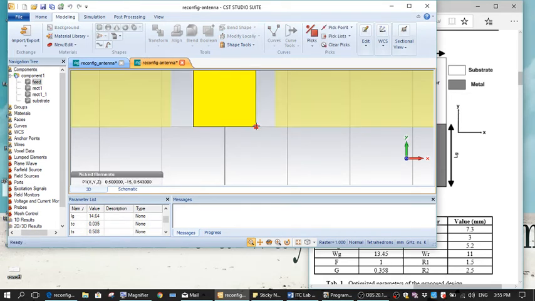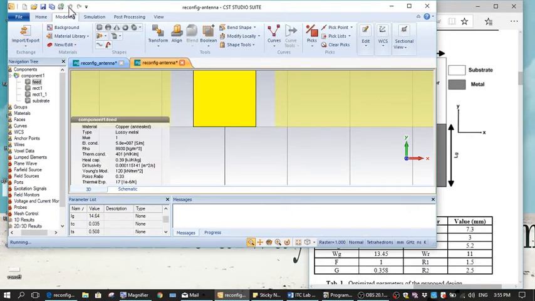Select this point, press P, select this point. 0.3. So the difference of 0.5 is apparent. Well, I think this is due to the fact that my rectangle 1 is not accurate.